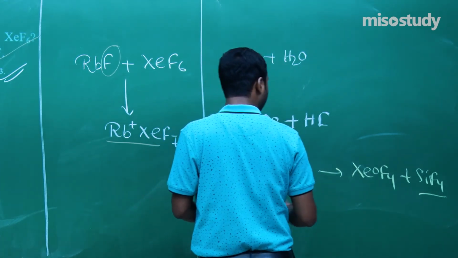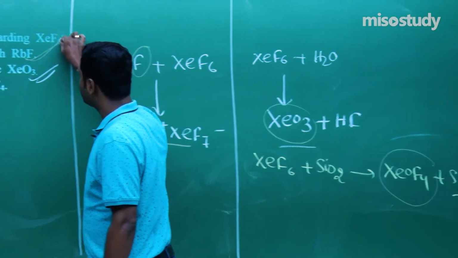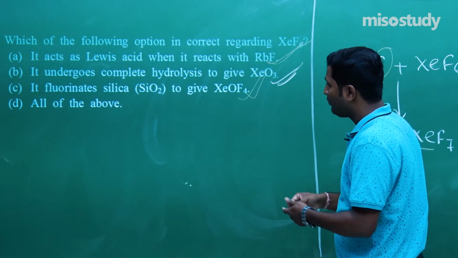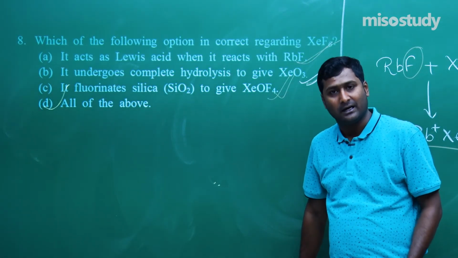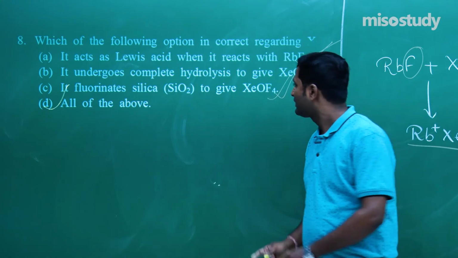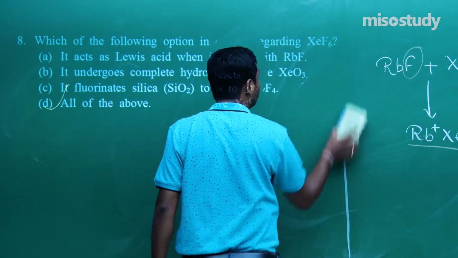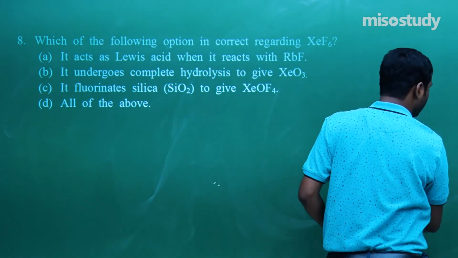So this gives XeOF4, and XeO3 is also correct. So for this question we can say that all of the above are correct. Clear, friend? I have discussed all these things during my lecture also.